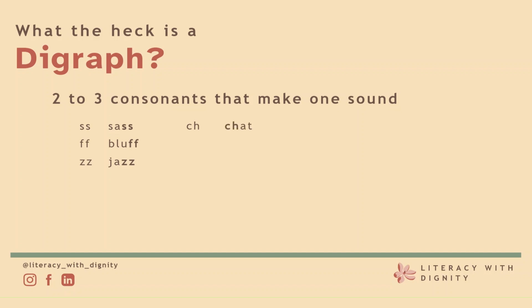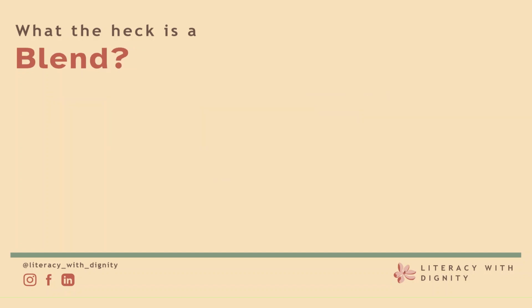CH makes a ch sound. That's 1 sound. TCH makes the same sound, as in catch. So both are ch. TH makes a th sound. CK makes a k sound, as in thick. SH makes a sh sound, as in shop. And DGE, this is my favorite because kids always say, I point to it and they go, duh-duh-duh-duh. It just makes a j sound, as in dodge.